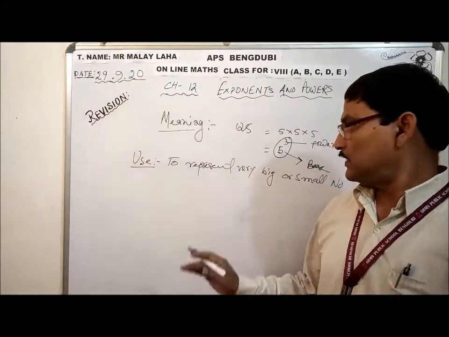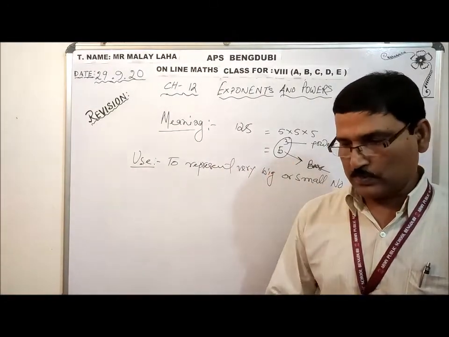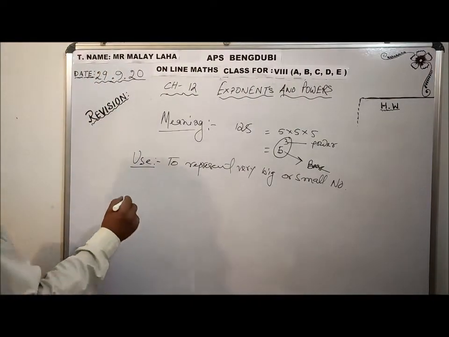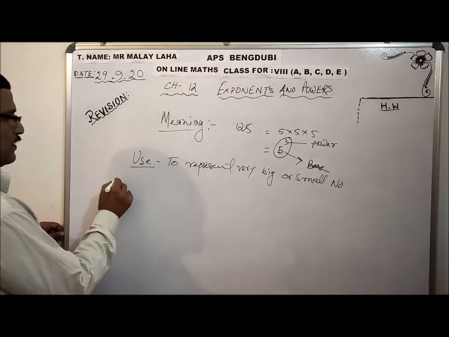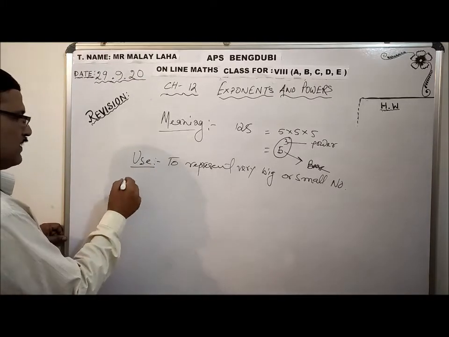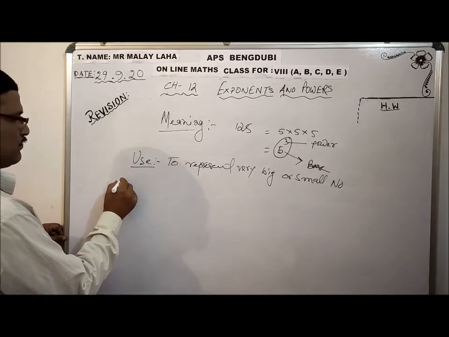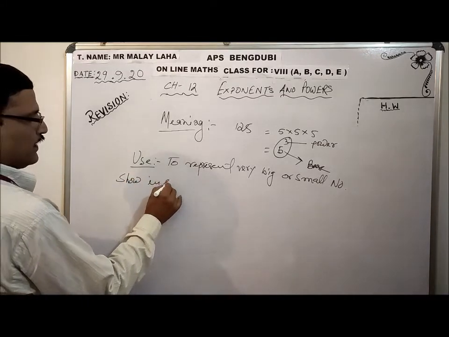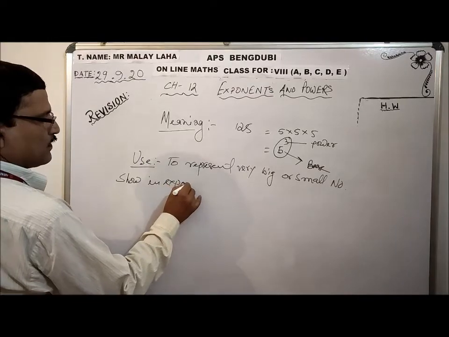So this is where we use the exponent. Now, how to represent it in exponential form? Now I am discussing the second exercise first, then we will come back to the first exercise.